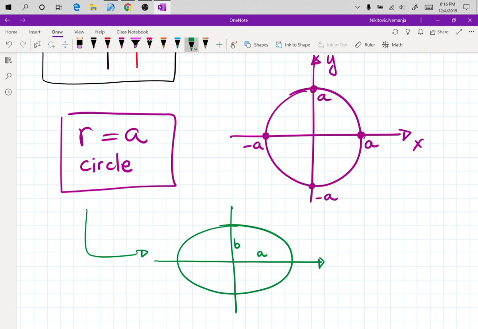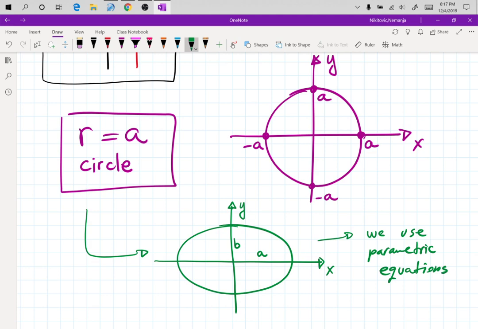You can't really do this nicely in polar coordinates, but for parametric you saw, you can do a lot, right? So we don't want to deal with an ellipse in polar coordinates, and so I'm just going to say we use parametric equations here.